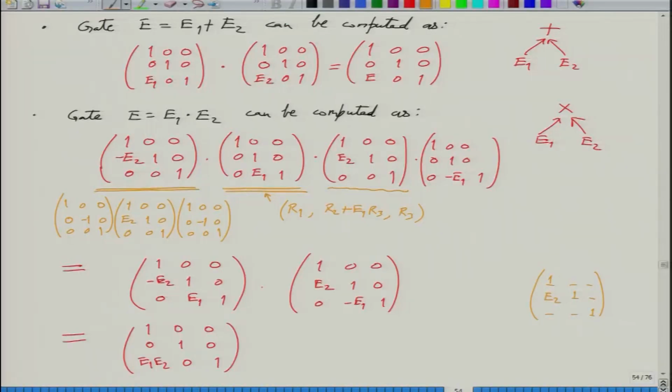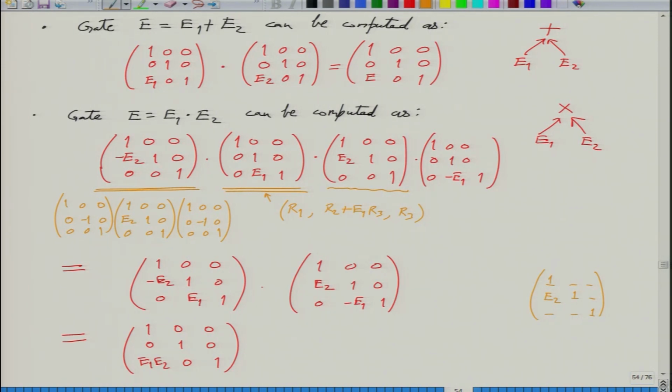So it's amazing that once you have a matrix product for E1 and a matrix product for E2, using some complicated transformations, you can also get a matrix product for E1 E2, where E1 E2 sits in the bottom left.